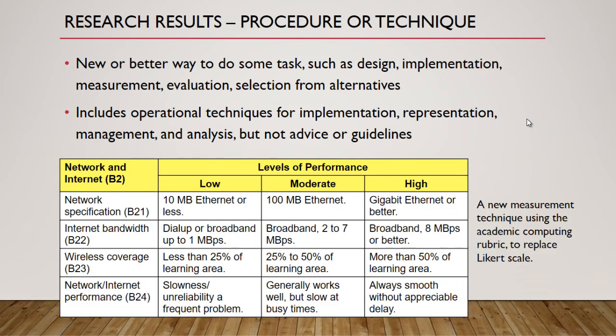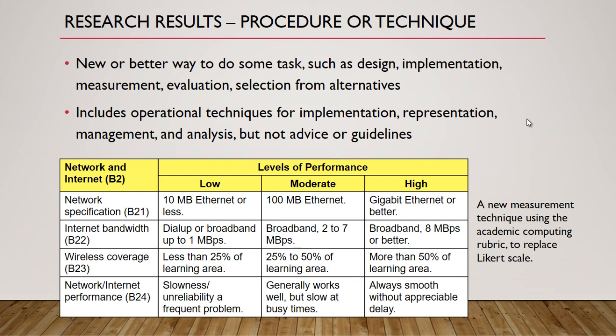For example, this is part of my PhD research a long time ago. We wanted to measure the level of performance of specific IT elements with regard to the implementation of IT in education.